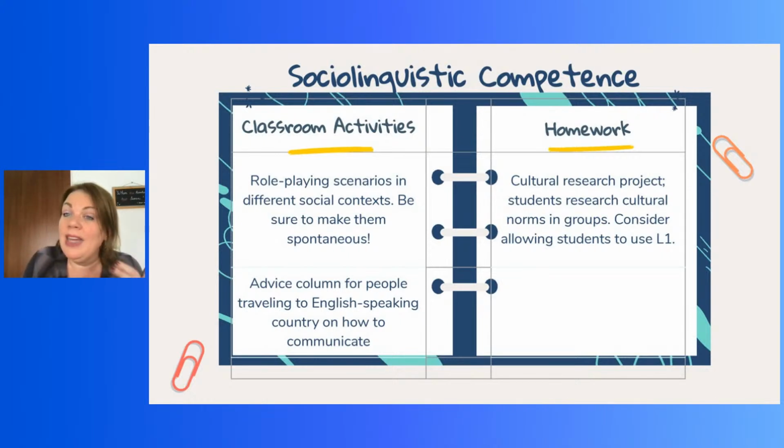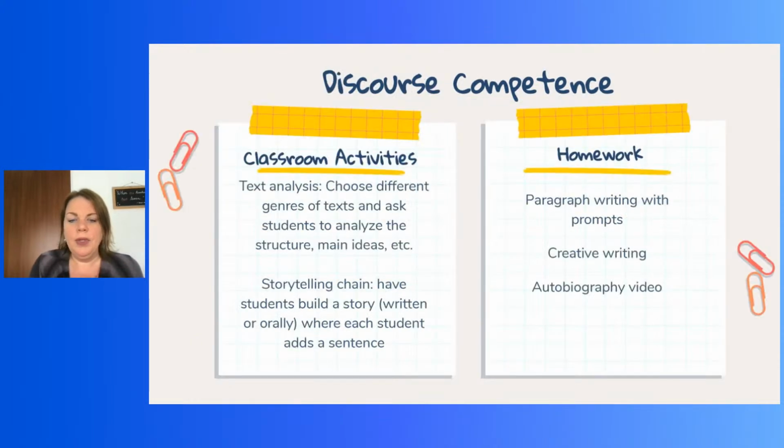So maybe they find a text about cultural norms in, I don't know, South Africa, and it's in Spanish. And they read the text in Spanish, but then they present it in English. Or they read the text in English and they might discuss it in Spanish or in their first language. Depends, right? If that's a reality for you, and if you think this would help your students to comprehend the cultural norms, you might want to consider using a little bit of the first language if it's necessary, right?